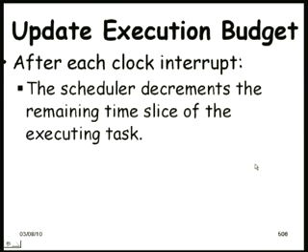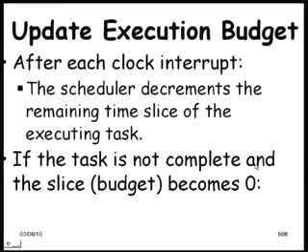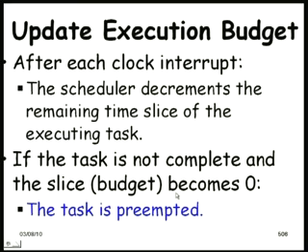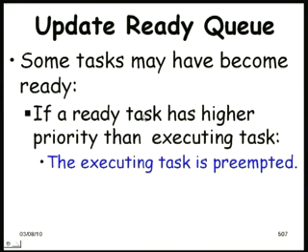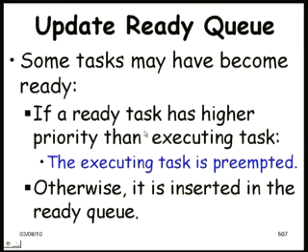And then we had said that after each clock interrupt, the scheduler decrements the remaining time slice for the task, and once the time slice becomes 0, the task is preempted. Some events might have occurred since the last clock interrupt, and based on that, actions are taken. Maybe the currently executing task might have to be preempted if a higher priority task becomes ready.